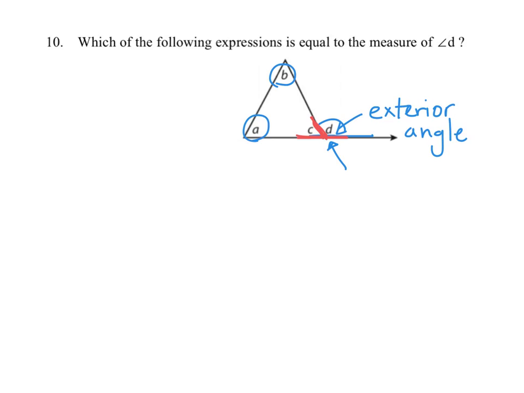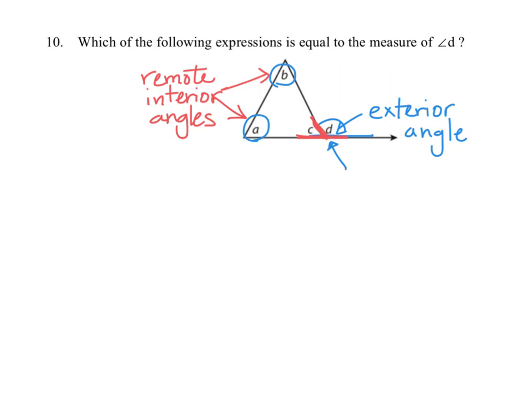Okay? All right. These two angles here are called A and B. They are remote interior angles. They are remote interior angles to this one. That's the relationship that they have.